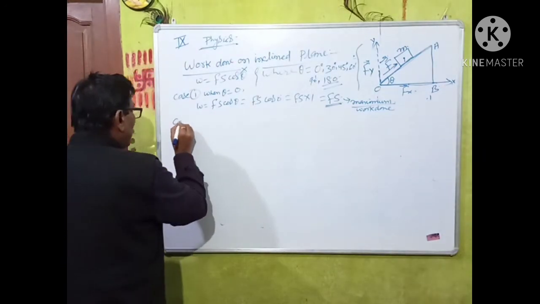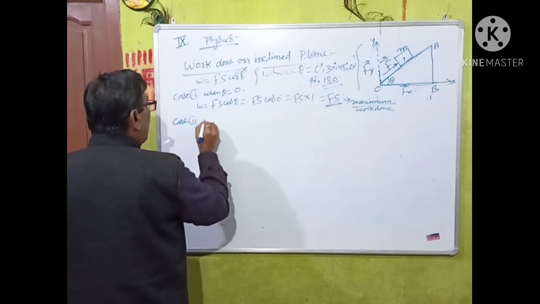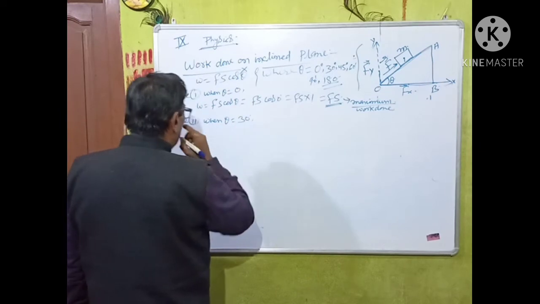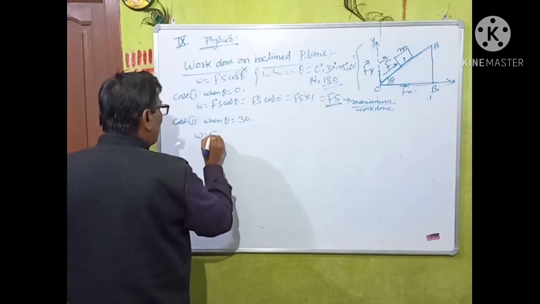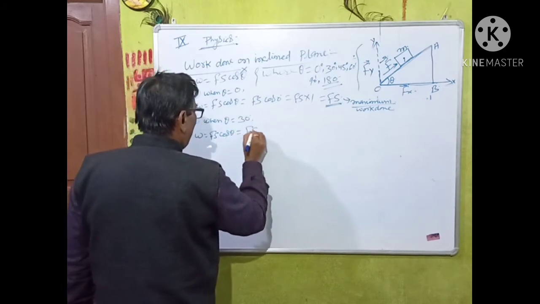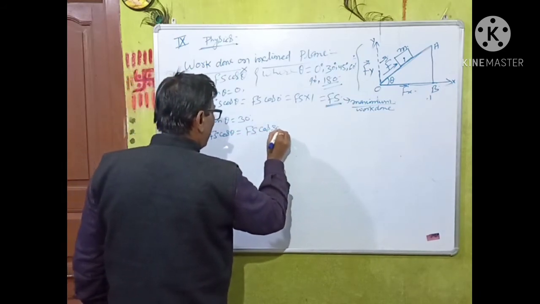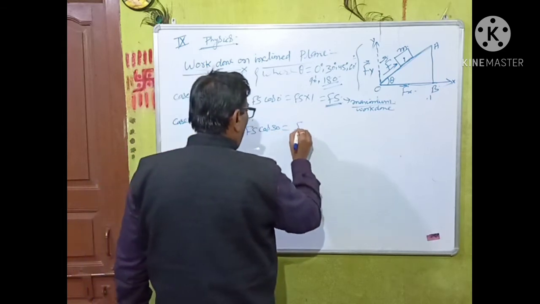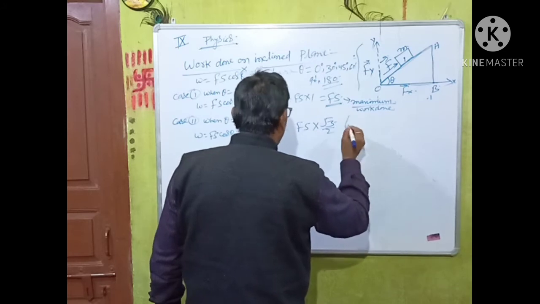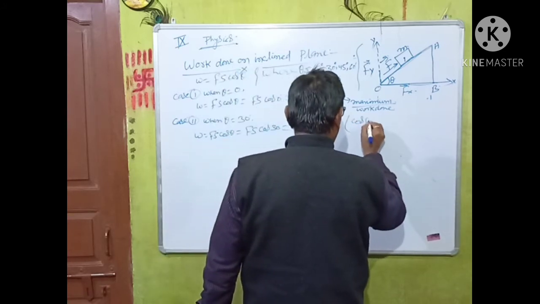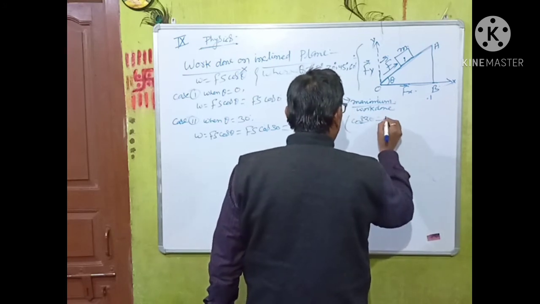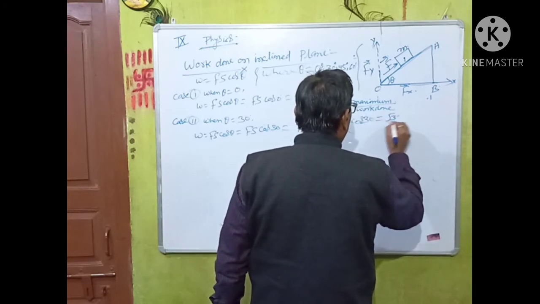Second case, when theta is equal to 30 degree, then W is equal to Fs cos 30 degree, which is Fs into root 3 by 2. In bracket we have written cos 30 degree is equal to root 3 by 2.